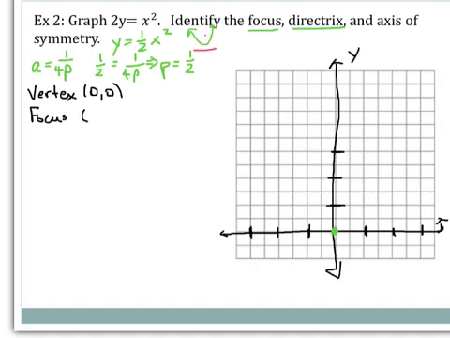The focus is going to go up 1/2. So it's going to be right there. So the coordinates for that is 0, 1/2. And my directrix is going to go down 1/2. I'm going to abbreviate. And it is a horizontal line, y equals -1/2. So if you put them on the graph, it makes them easier to find.